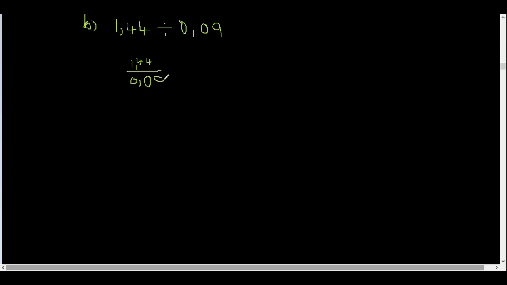And we find that integer value that makes the denominator a whole number, so that the division might be easier. Then that integer is 100. We multiply the numerator and the denominator by 100 and we get 144 over 9.